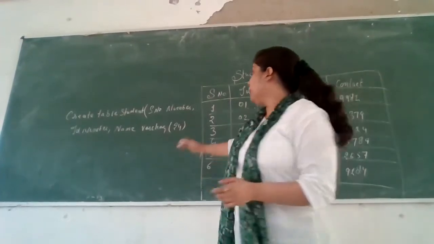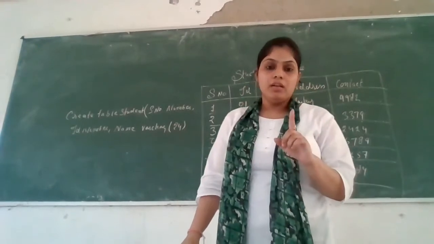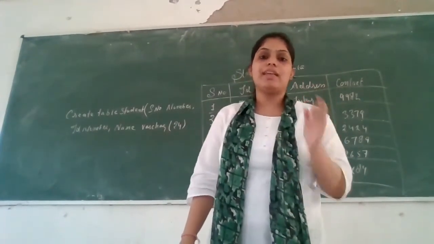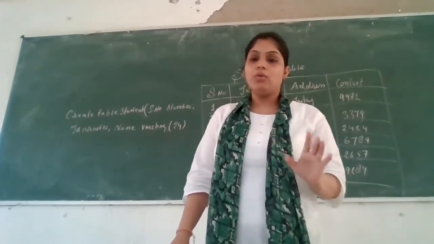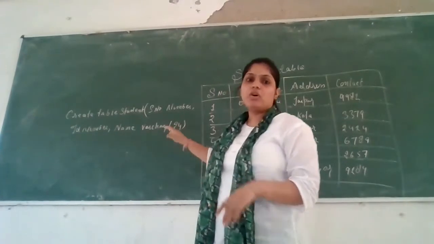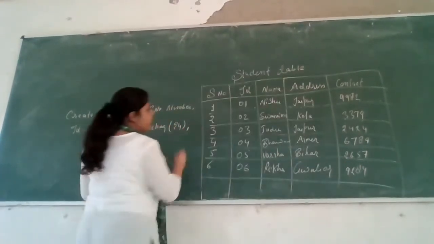If we don't give any number, that means the address size is 1. So it would be possible that your address is only A or J. No, so we use a data size number, which is 24, 23, 26, 27, and many more. It all depends on you.